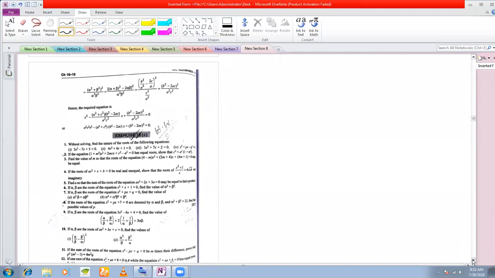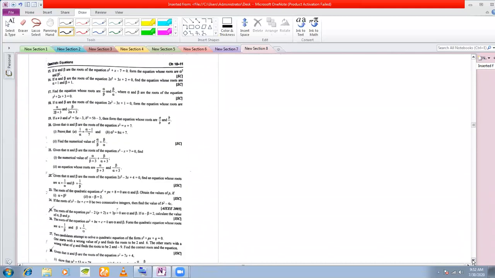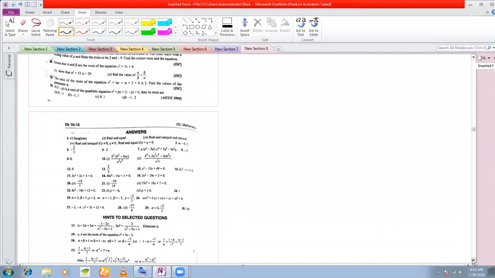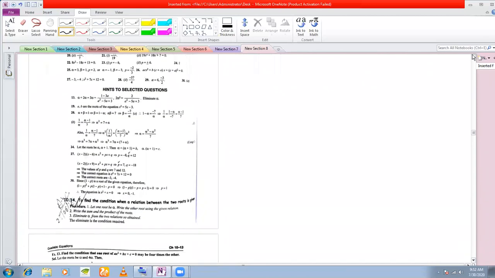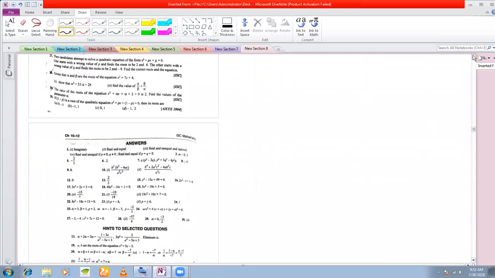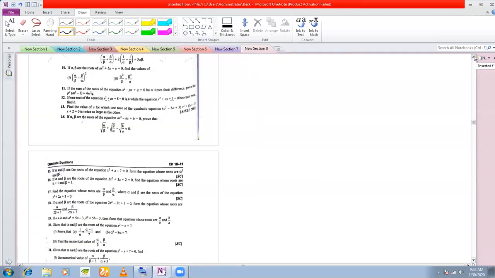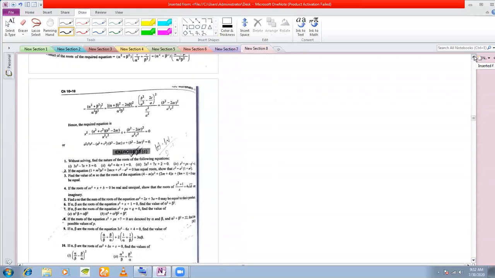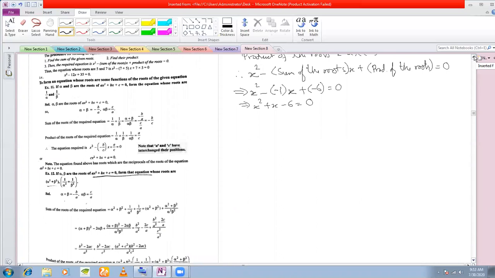Okay, and what you can also know is that if the roots are complex or if the roots occur in surds, you know what are surd roots?